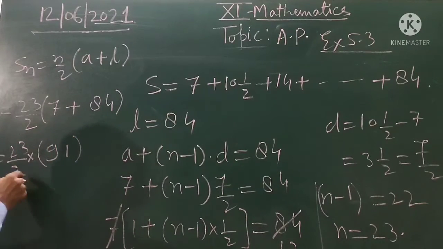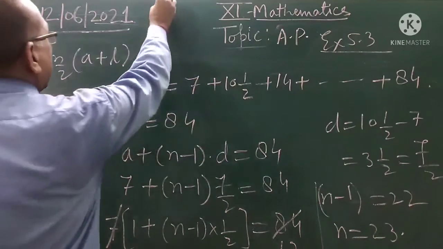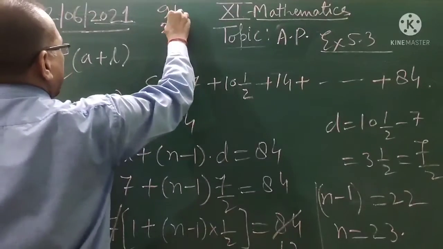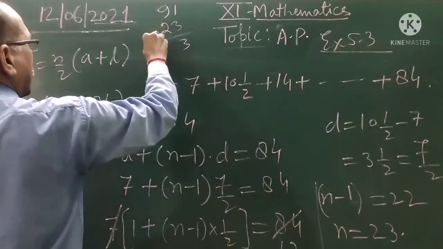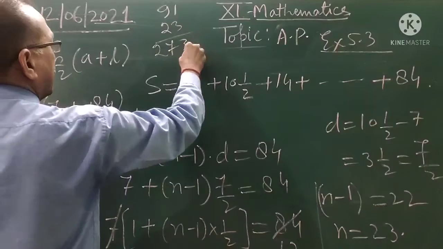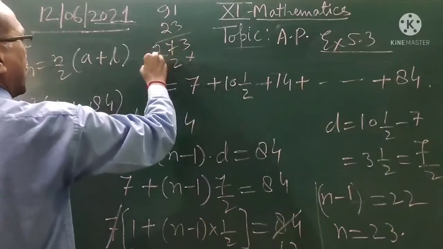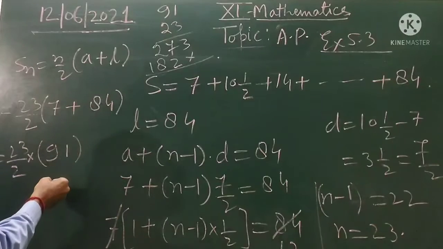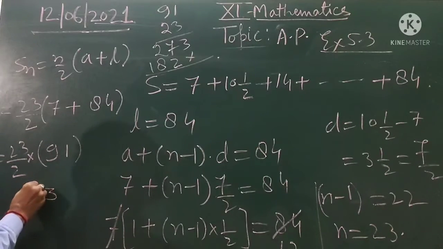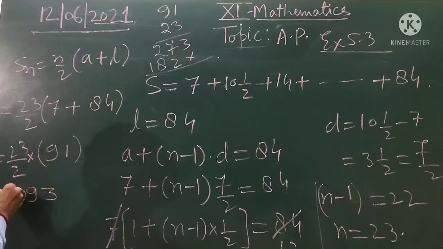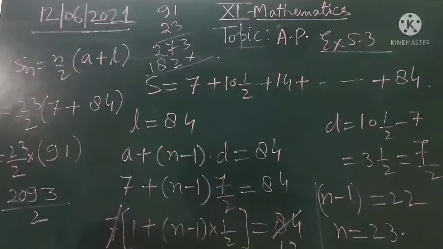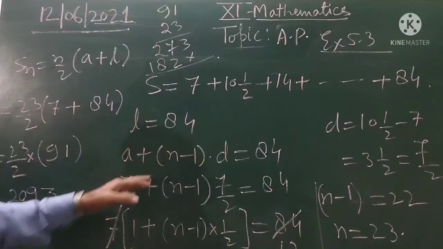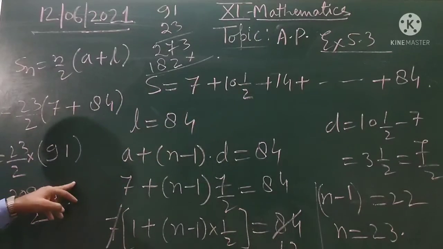Then multiplying them, 91 into 23. 3 1s are 3, 3 9s are 27. Then 2 1s are 2, 2 9s are 18. Their addition is 2093 upon 2. So the sum of all terms is 2093 upon 2.